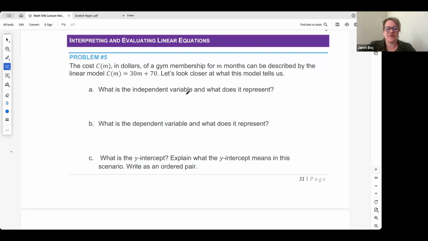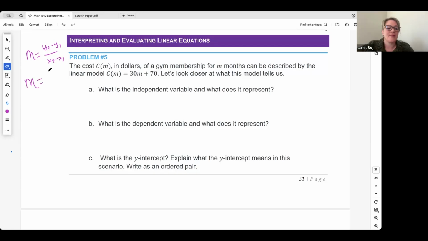What is the independent variable and what does it represent? Remember, when we're looking at linear models, we can start by considering the slope. Remember, the slope is the change in y over the change in x.